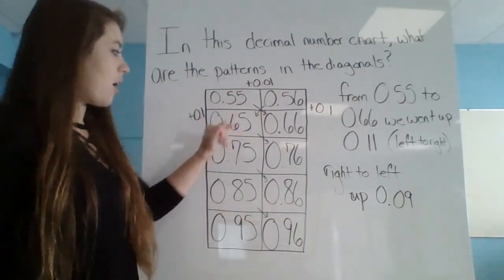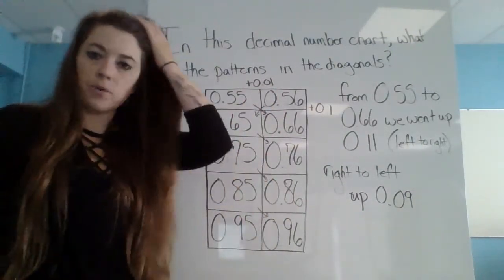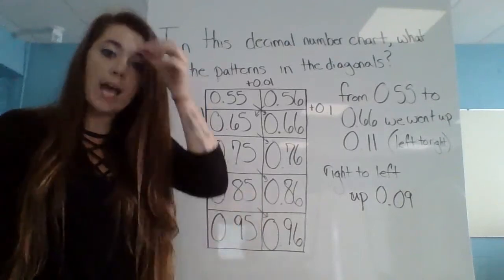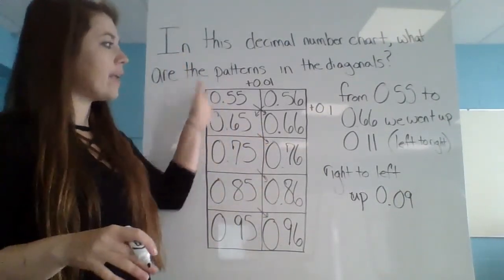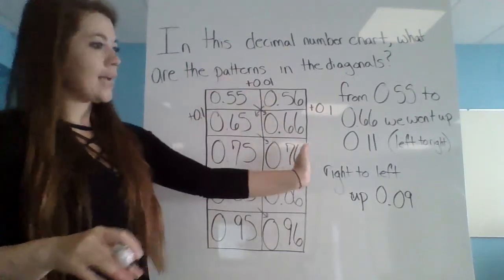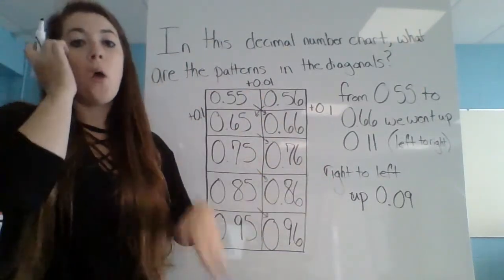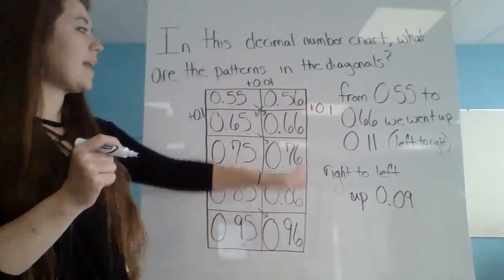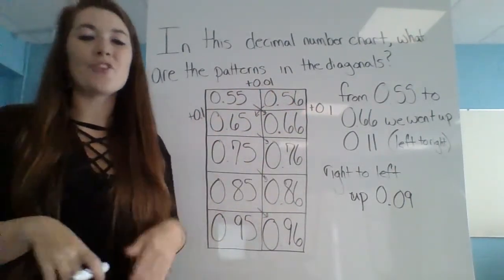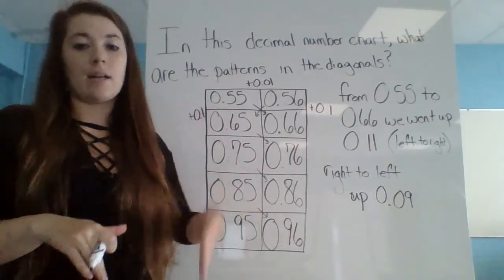So that is our pattern there. Depending which direction you're going in your diagonal is going to affect how much you go up by. So if you're starting on the left-hand side and going diagonally to the right-hand side, then you're going to go up 11. But if you start from the right-hand side and go to the left-hand side, then you're only going to be going up 9 hundredths.